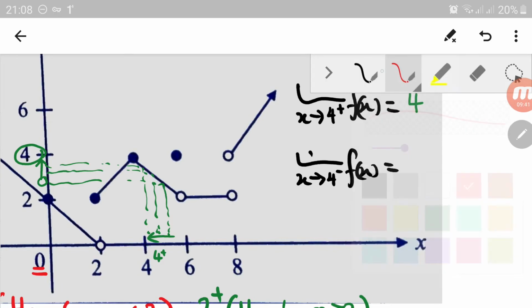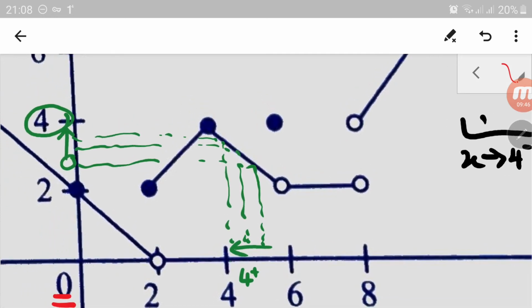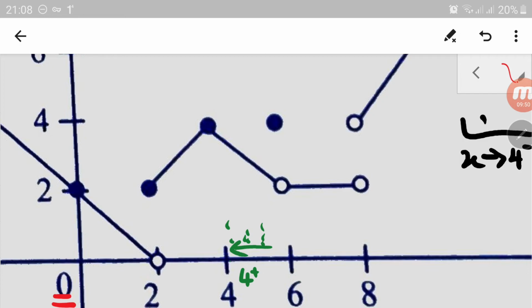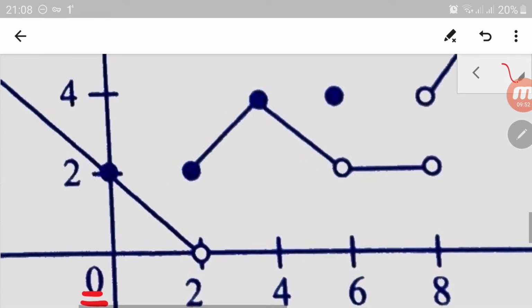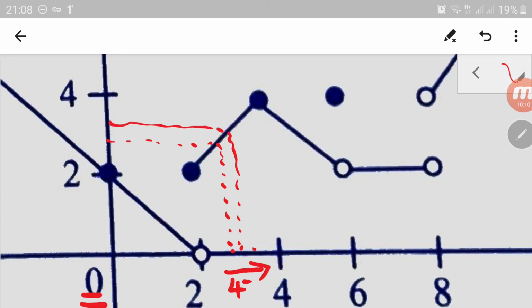Okay, now let's proceed to the second one. To avoid confusion, I get rid of these. Now 4 from the left, somewhere here. So the values are somewhere here, which is less than 4. When x is that, the y is that.